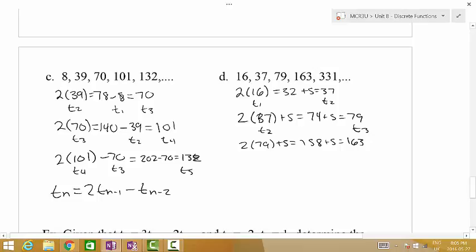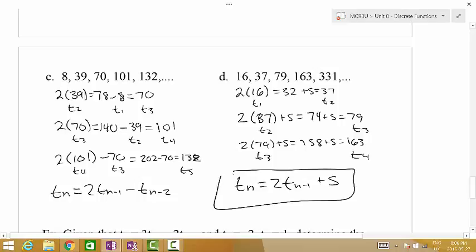So it seems that this works. Again, this was T3, multiplying T3 by 2 and adding 5 gave us T4. So the pattern is Tn equals 2 times the term before it plus 5. So there's our pattern for that one.